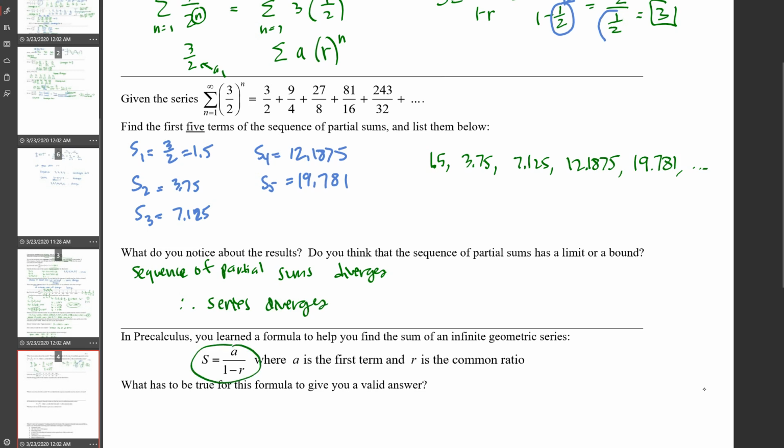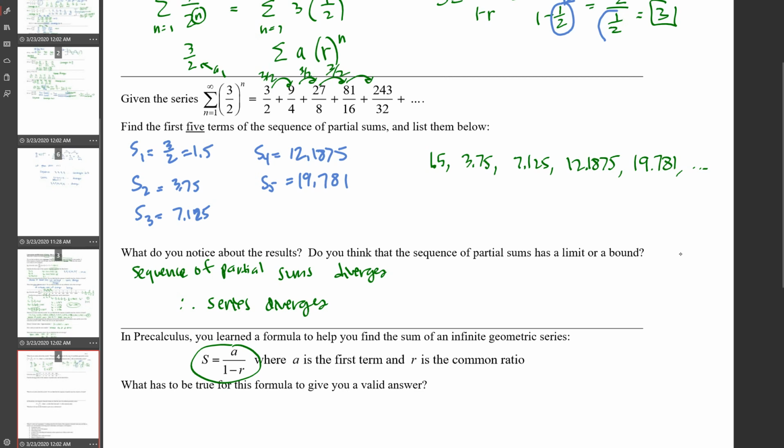Remember, we learned this formula. Could we use this formula to figure out what this series converges to? No, not in this situation. Why not? Well, first of all, is this even a geometric series? What did I multiply each time to get the next term? 3 halves.